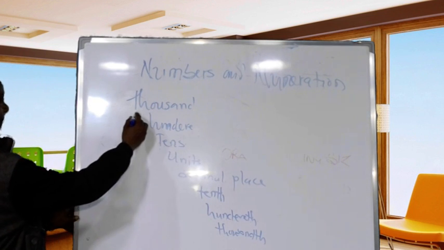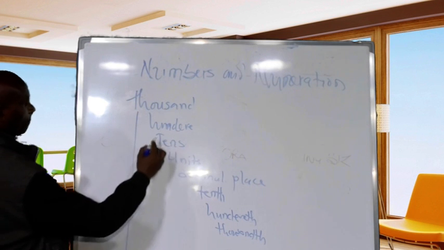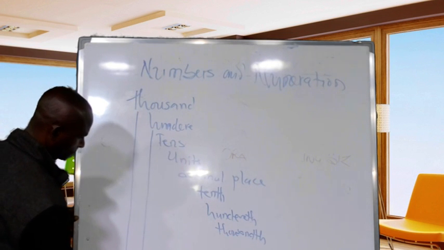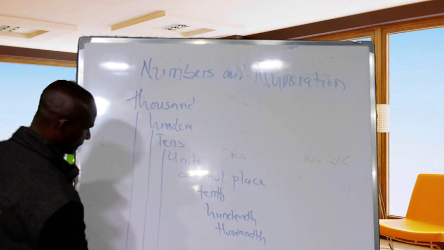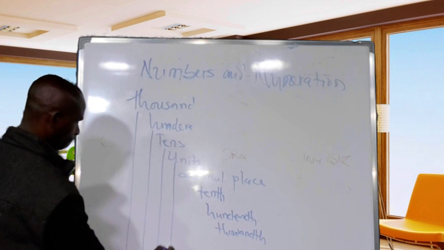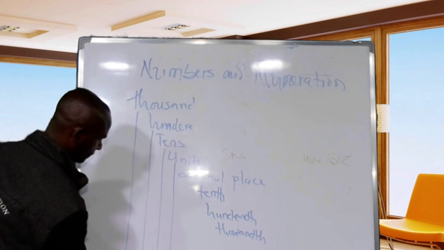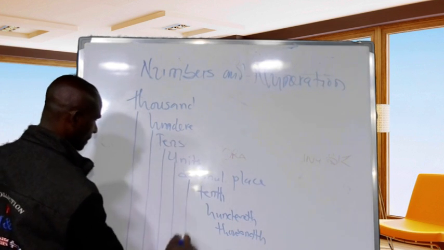Here we can place value here to say 4,000. We place this to say 300. We place this to say 80. We place this to say 5. And here is the decimal point.